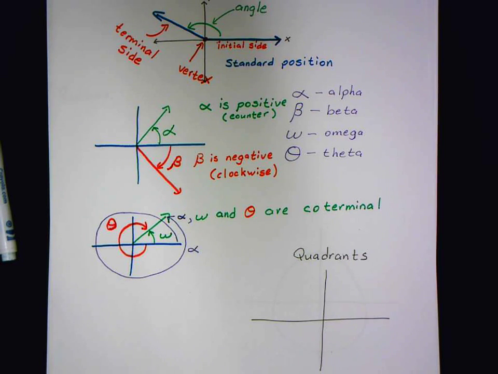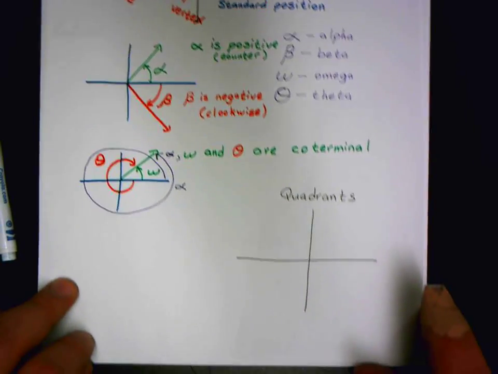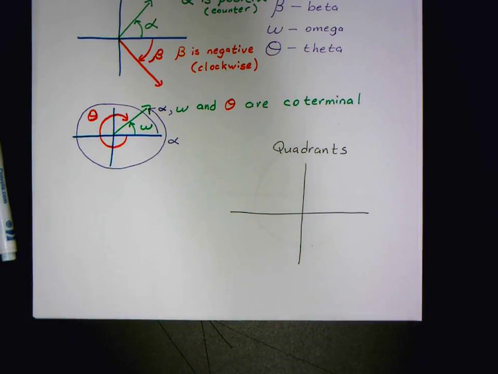I'll make sure I don't miss any definitions, but I think the only other thing I wanted to define on this page was quadrants. Okay, quadrants, hopefully this is a review.